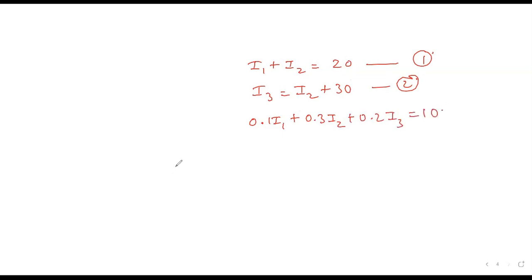Now I can write this in terms of I1 plus I2 plus 0 I3 is equal to 20.